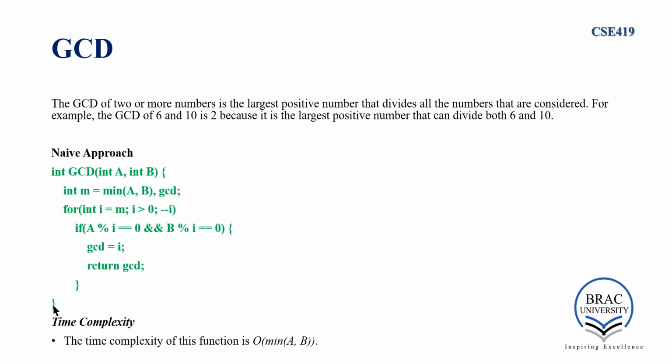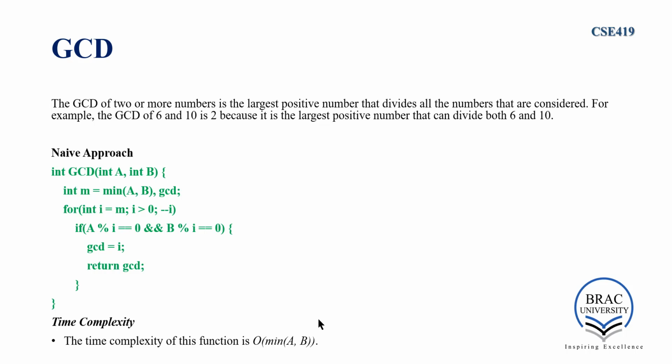So what will be the time complexity? Let's check that. If you are running this loop from the minimum number to 1, the loop actually runs for n times, where n is the minimum of A and B. So the complexity of the function is the minimum of A and B in the worst case scenario.